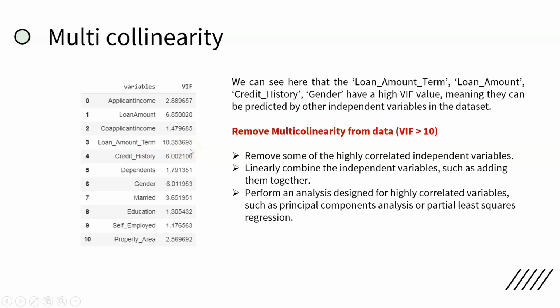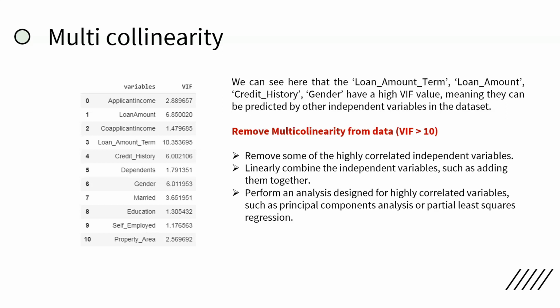Multicollinearity, remove that. You can also combine independent variables, such as adding them together. You can add, for example, the applicant income and co-applicant income. That is one way of looking at it. Or you can perform an analysis meant for highly correlated variables, such as PCA, principal component analysis, or partial least squares regression.